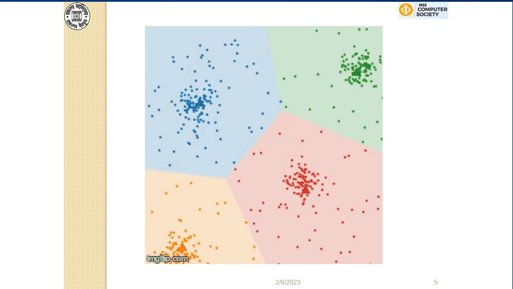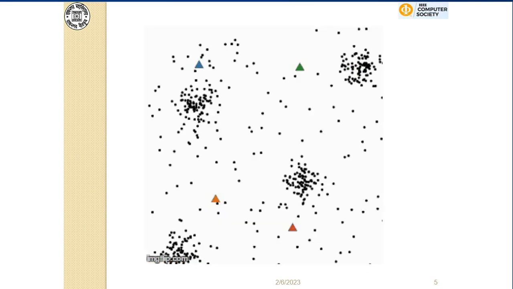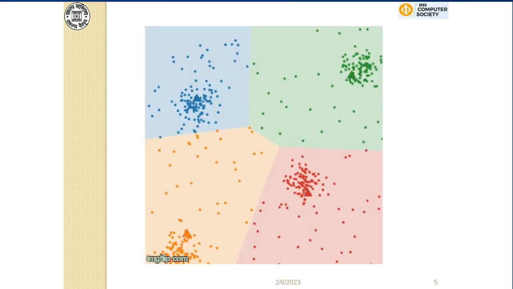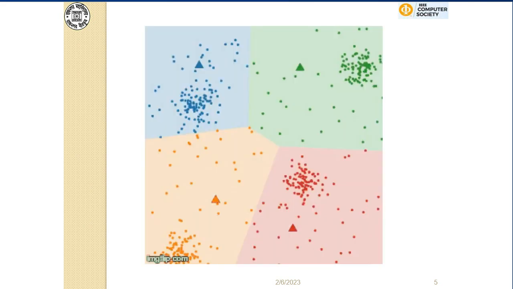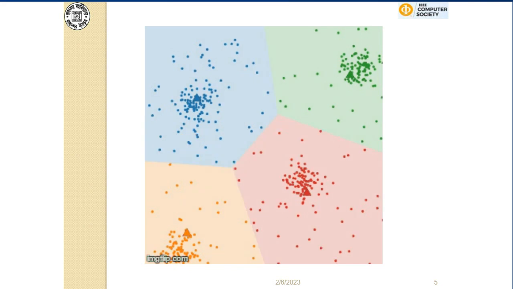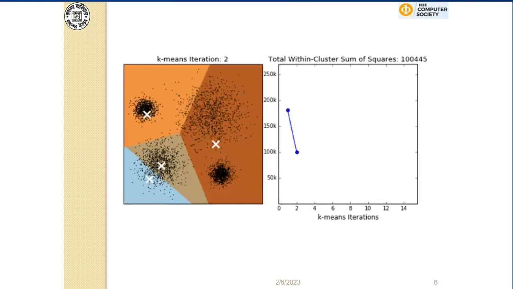So then you come up with these 1, 2, 3, 4 clusters. This is an iterative process until you arrive at the best possible outcome. But again, it is not uniform in nature; different algorithms will give you different outcomes. Now you see the same example repeated with the total within-cluster sum of squares metric, which means you try to minimize this entire metric.